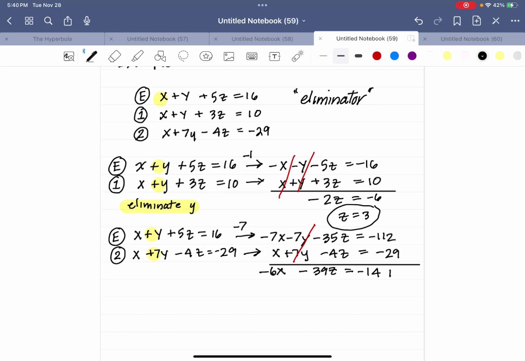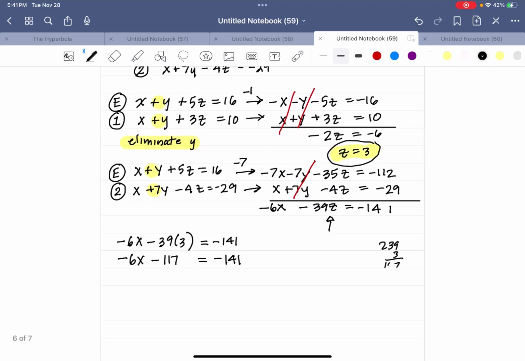Now, because I know that z is 3, I can now put it here in this equation. So -6x minus 39 times 3 equals -141. And so let's see, 39 times 3, 117. So -6x minus 117 equals -141. I'm going to add 117 to both sides.